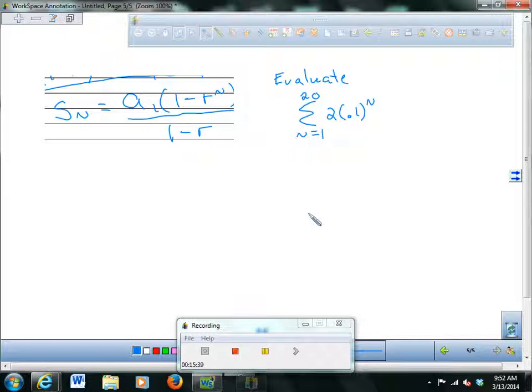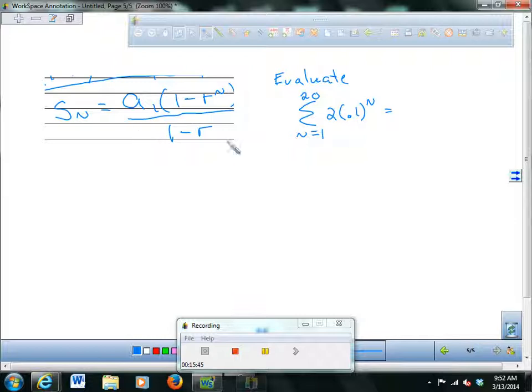Okay? So that's a geometric sequence because you're starting at 2, and then you're multiplying by 0.1 and raising it to a power. So what's a sub 1 in this case? It would be 0.2, right? Because if I plug in 1 here, I get 0.1 raised to the 1, which is 0.1, times 2 gives you 0.2.